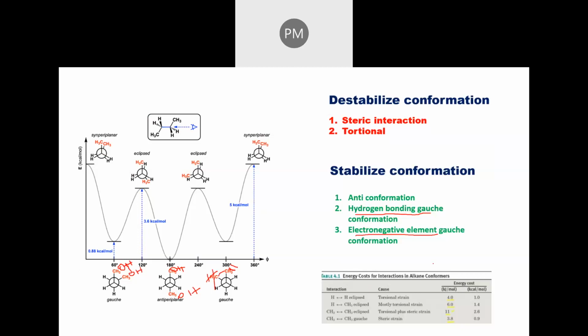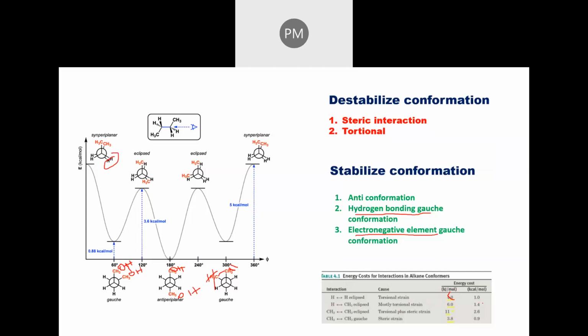So what will be the destabilization, and how much destabilization will happen when two hydrogens are near each other? In this case, the torsional strain will destabilize our molecule by around 4 kilojoule per mole.